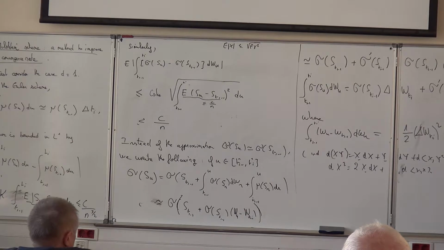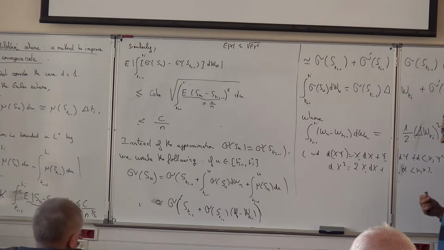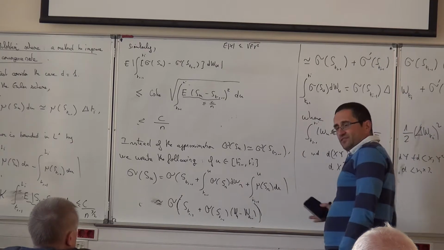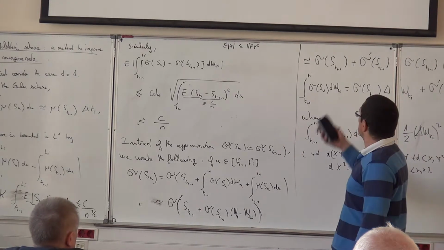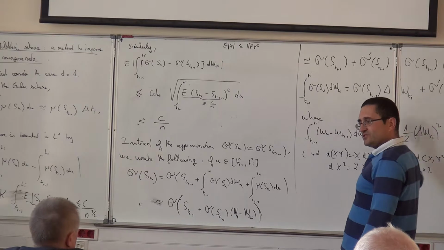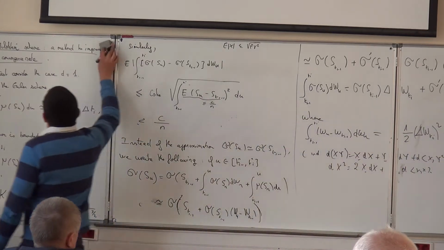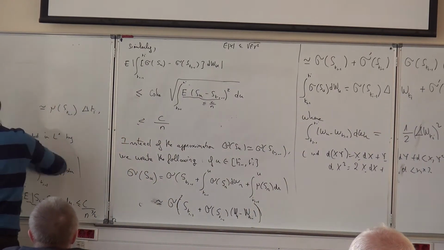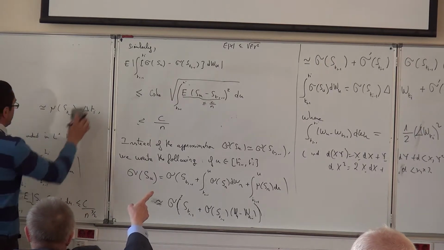Okay, because of this, now we can write the modified Euler scheme associated to this idea. Precisely, this is the Milshtein method.